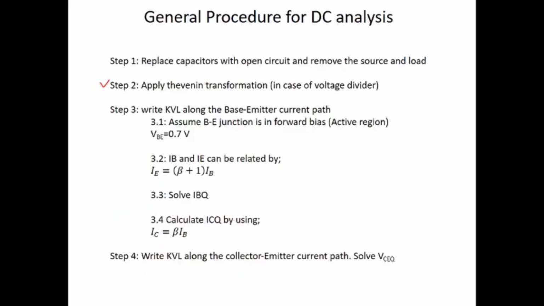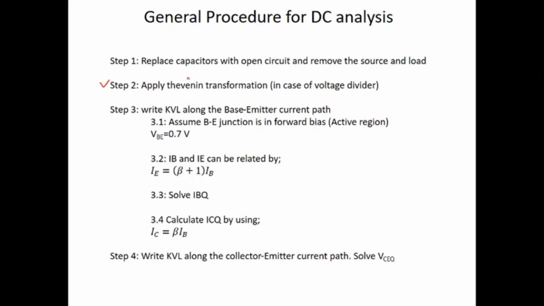Okay, in the previous class we learned about how we can do the DC analysis. This is the recommended step for you to do the DC analysis. The first step is to replace the capacitor with open circuit, because in the amplifier circuit usually we have a connection to the AC input source and a connection to the load.